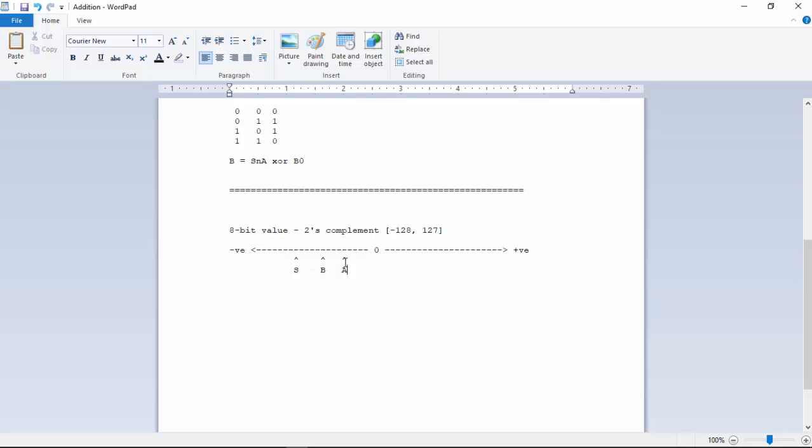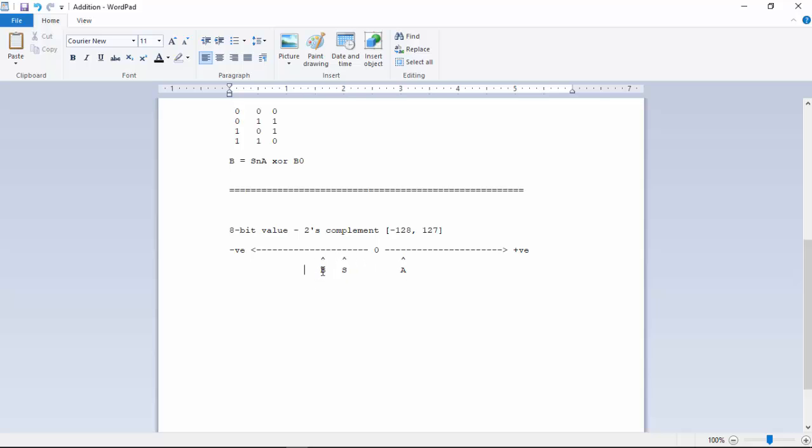Now how about if A is on the positive side and B is on the negative side? Your sum will be somewhere, probably from this graph you can say somewhere here, between A and B, if we add them up.